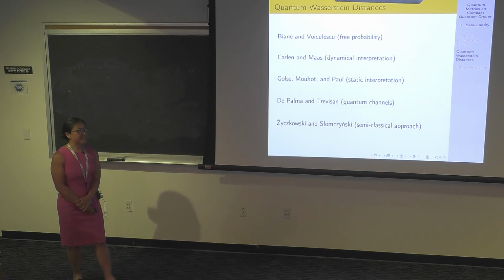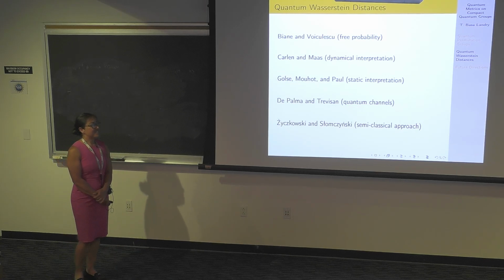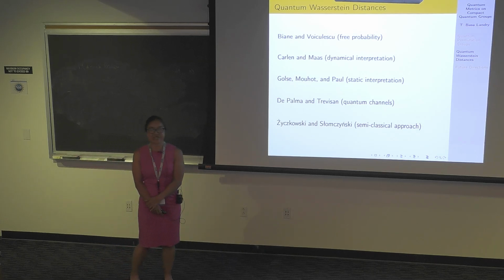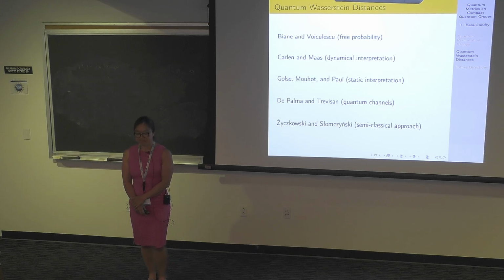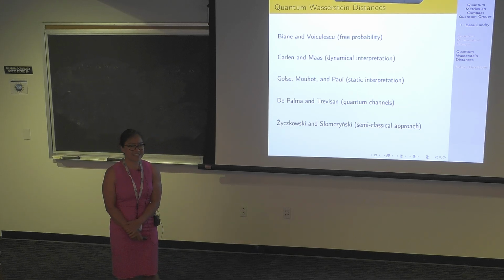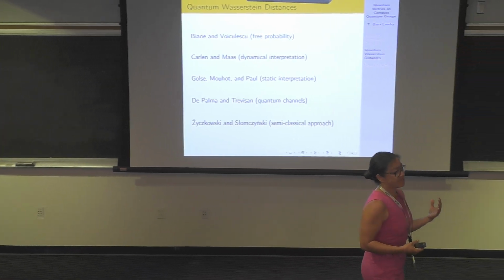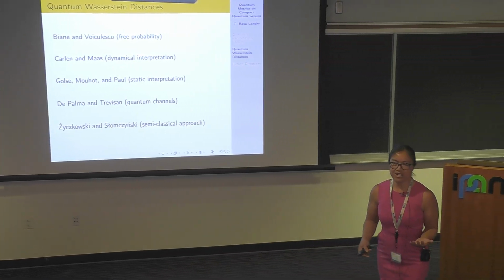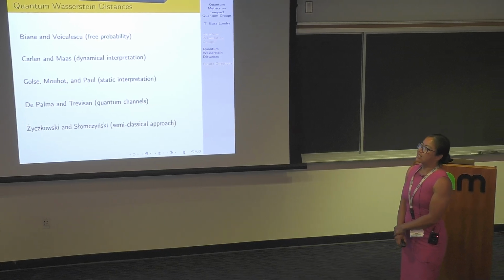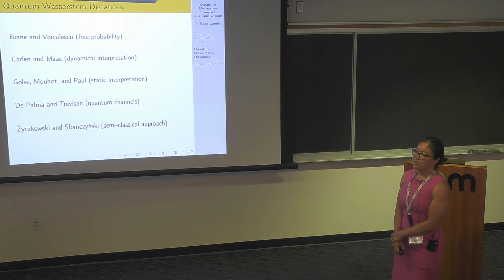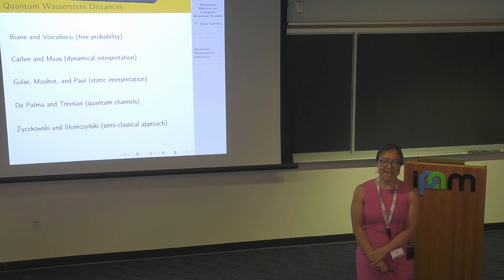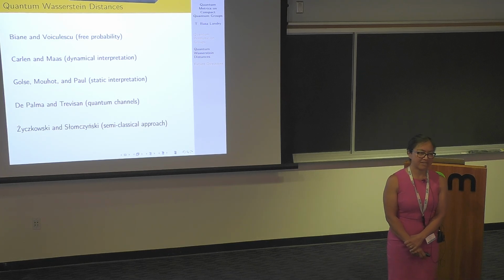There are a lot of different such distances, because there are a lot of ways to introduce non-commutativity into the Wasserstein distance. For example, through the choice of cost operator, how you might measure cost, and also couplings, over what kinds of objects you might have your couplings and how you might couple different things.